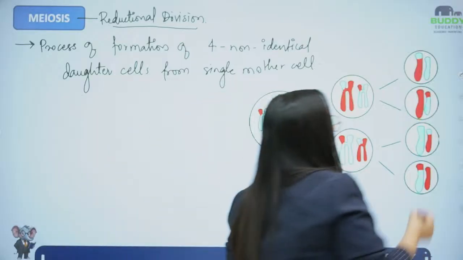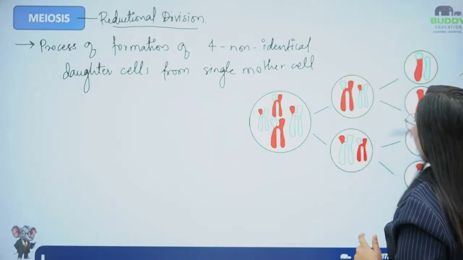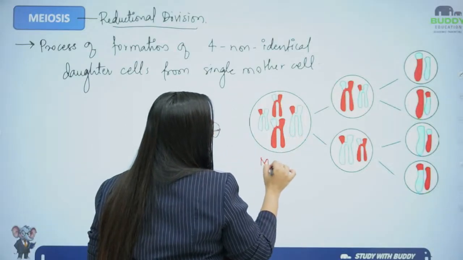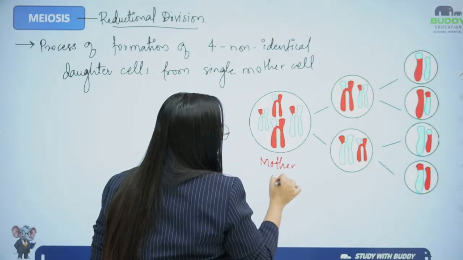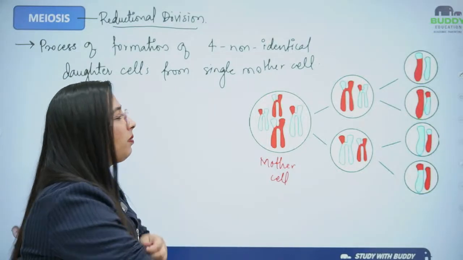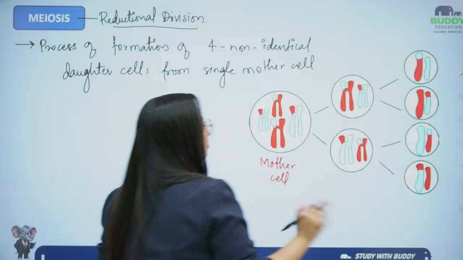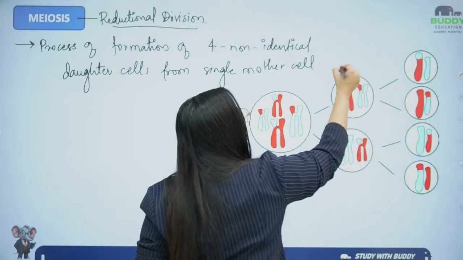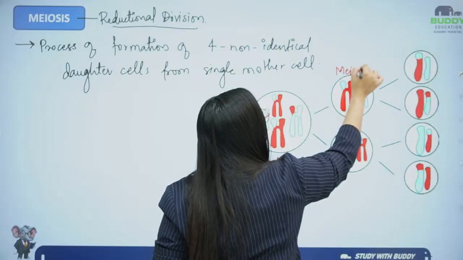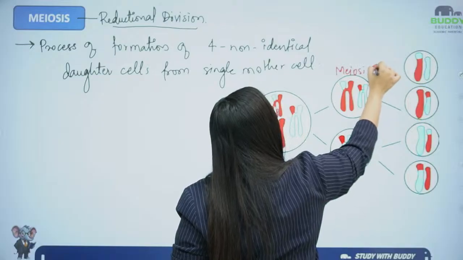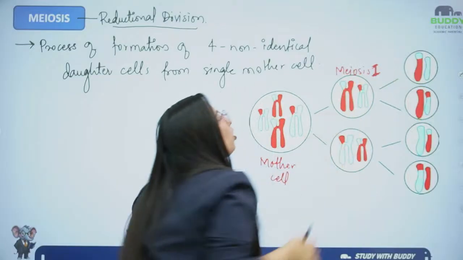Now let's see where is the mother and where is the daughter. This is our mother cell, consisting of some amount of chromosomes, as we can see. This is our first meiotic division, that's why it is also known as meiosis 1 or meiosis first.